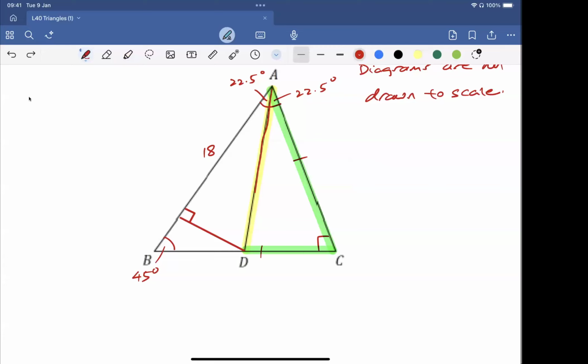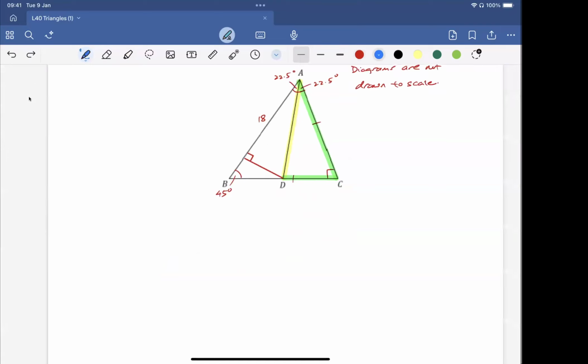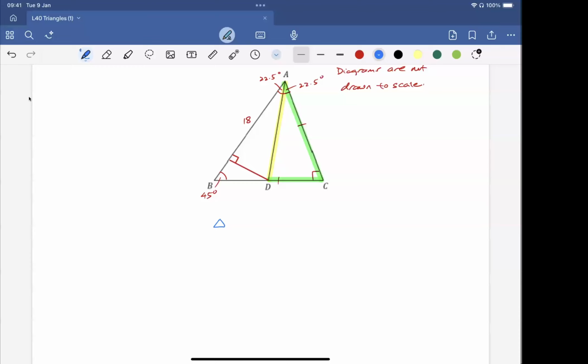So this length is the same length, right? So what I can say is, let's call this point E. Triangle ADE is congruent to triangle ADC.